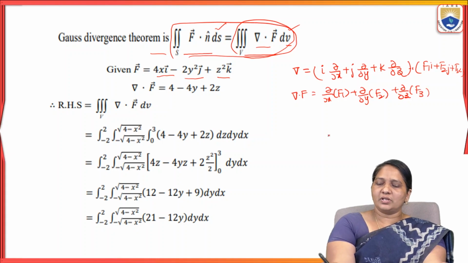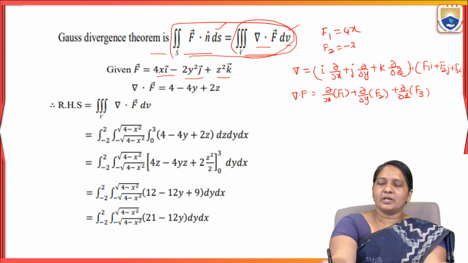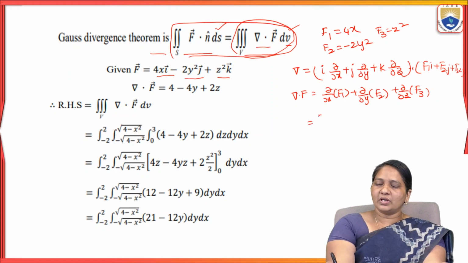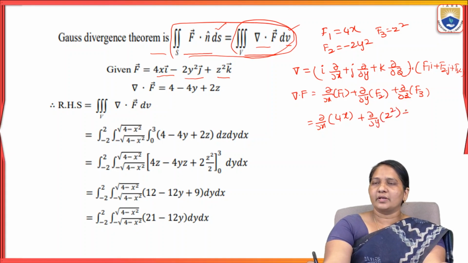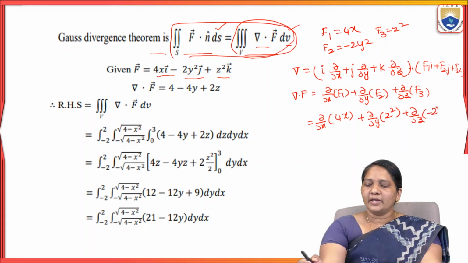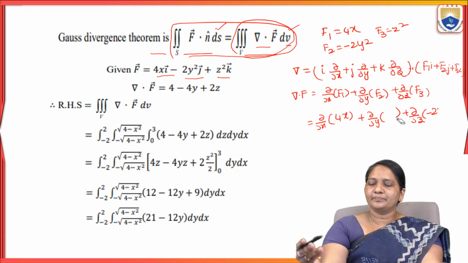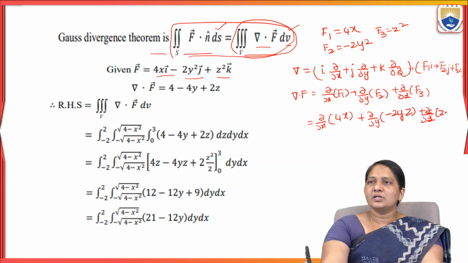What are f1, f2 and f3? Based on f bar, f1 is equal to 4x, f2 is equal to minus 2yz square, and f3 is equal to z square. So we replace dou by dou x of 4x, plus dou by dou y of minus 2yz, plus dou by dou z of z square.